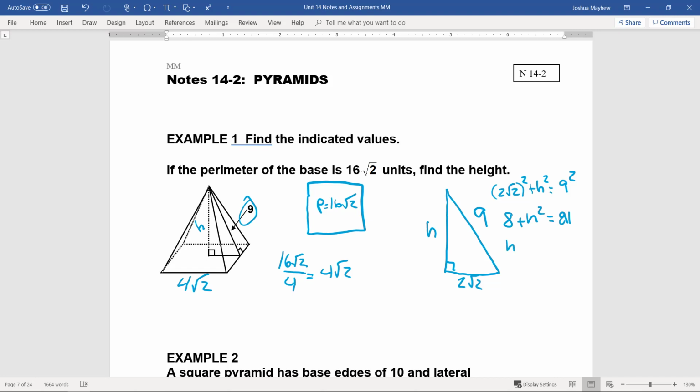Then subtract 8 from both sides, we get h squared is 73. Then we take the square root of 73, so the height is square root of 73, or 8.544 units. It's kind of like a puzzle. You've got to keep digging until you can get to the answer.